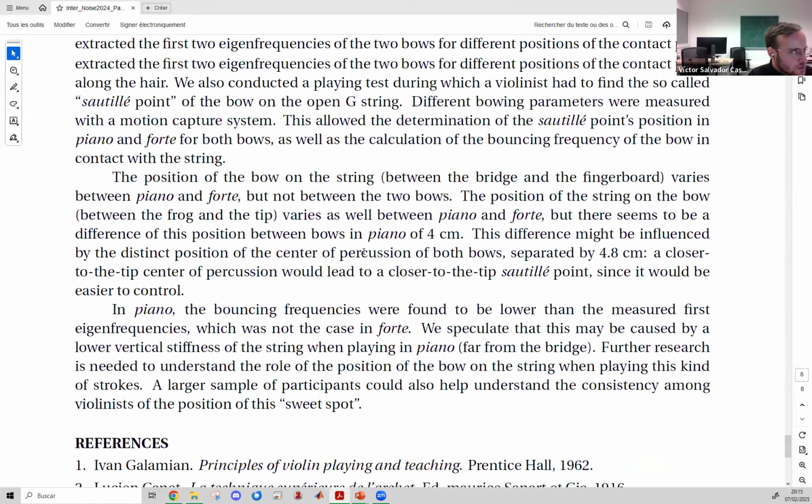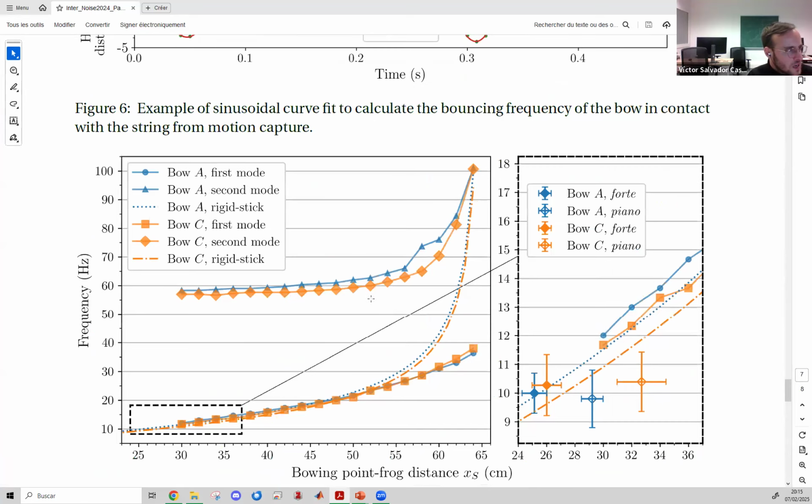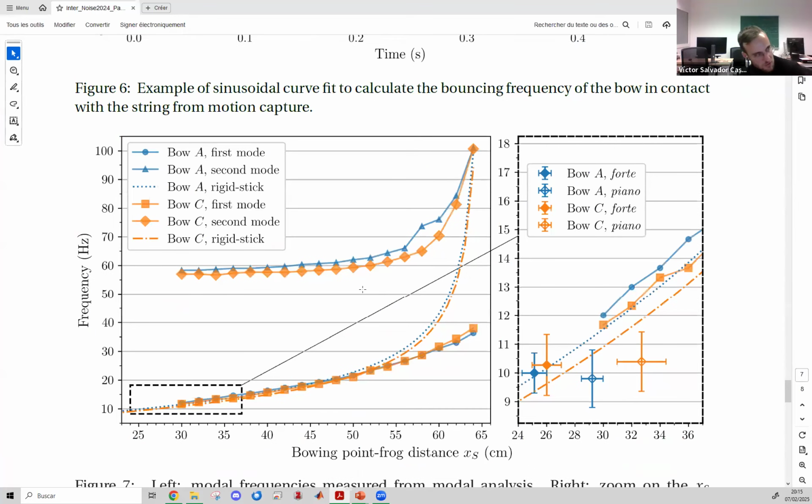This is how these modal frequencies are altered by the moment of inertia. It's very subtle, just a few hertz, and we were not able to measure at some positions. So here I will first explain what I am showing you.